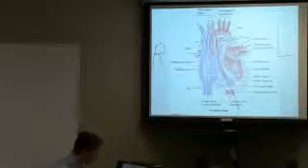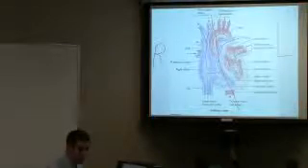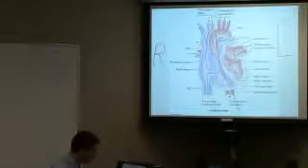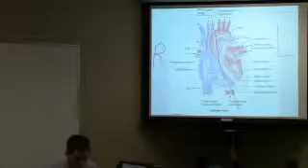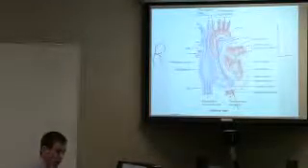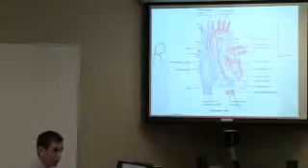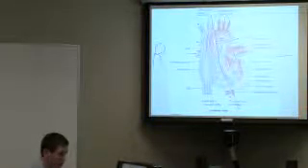So the right side, see the blue, that deals with deoxygenated blood. The left side deals with oxygenated blood. So the heart has basically 2 jobs: to bring in deoxygenated blood, send it to the lungs to be oxygenated, and then to pump it to the rest of the body. That's the job of the heart.